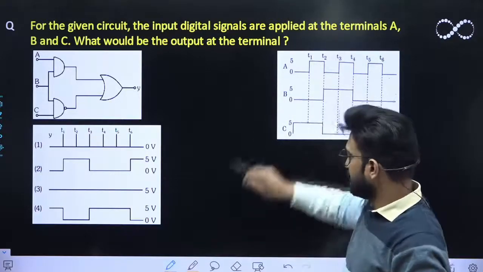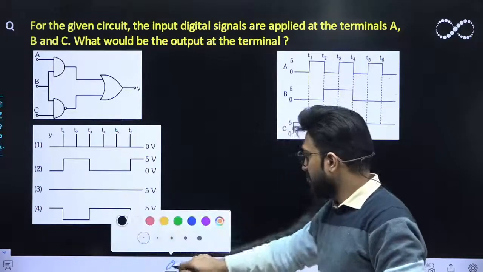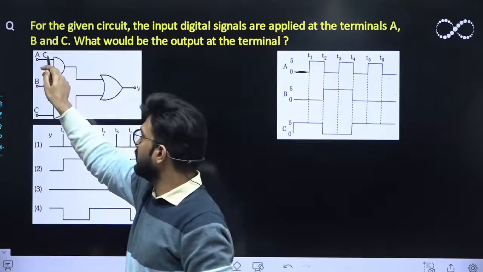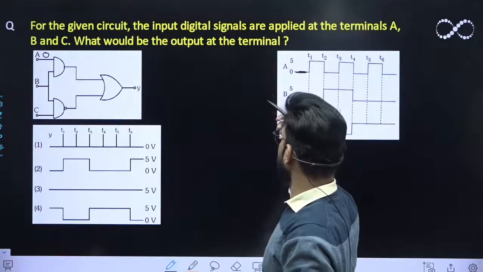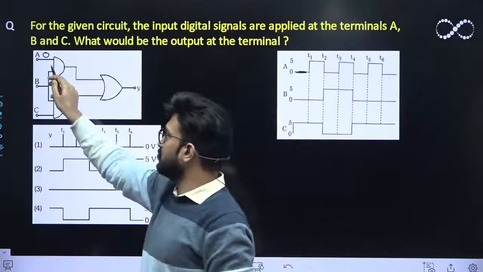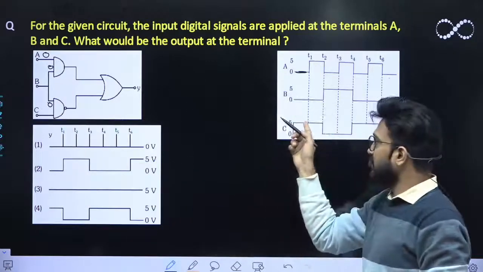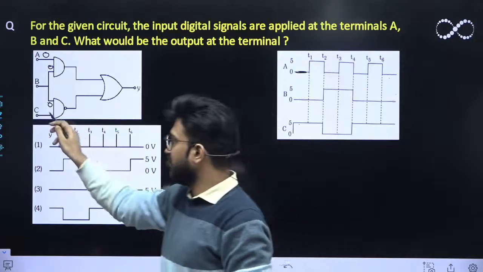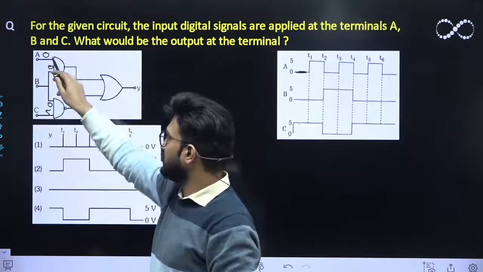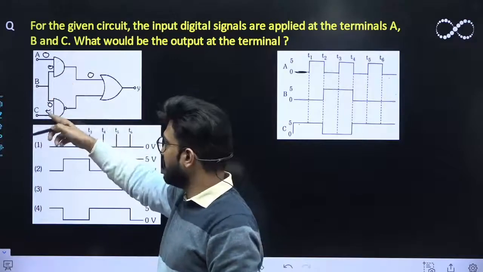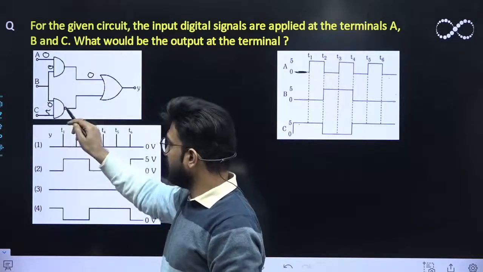Suppose this A, which is input signal, is 0, so here it is 0. And what about B? B is also 0. If B is 0, so here 0 and 0 you'll be getting. And C, at this particular point C is 5. Okay, so that means 0, 0 you'll be getting 0 over here because it is an AND gate, and over here it is 0, 5 you'll be getting.